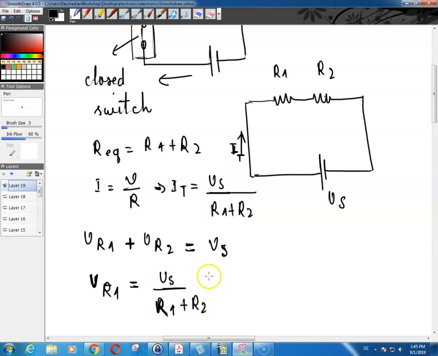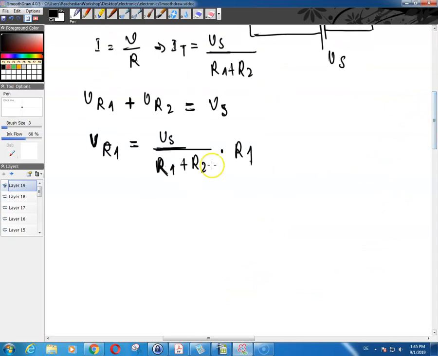And now we said that basically V is equal to I times R. So this is I times R1. So that means that V of R1 is equal to R1 over R1 plus R2 times V of S.